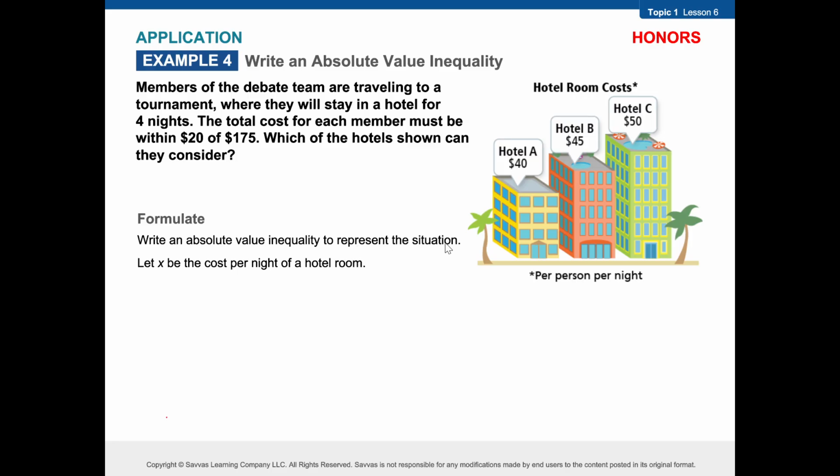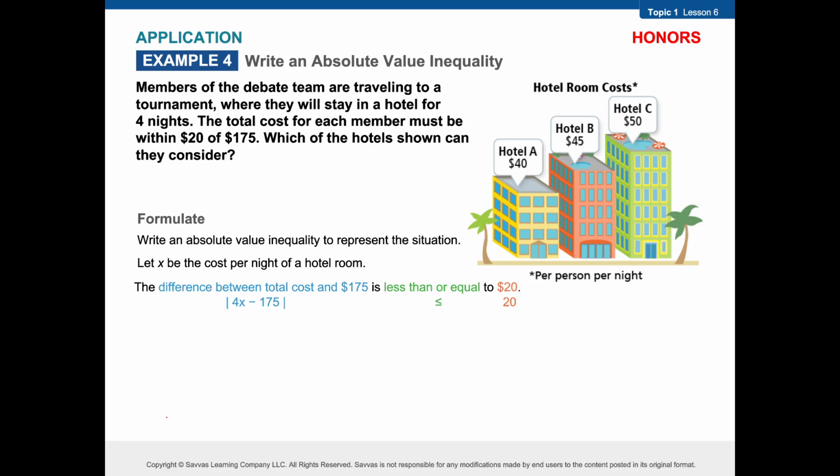Write an absolute value inequality to represent the situation. Let x be the cost per night of a hotel room. So 4 nights at the cost, so that would be 4x, then minus 175. Whether you're doing an absolute value equation or an absolute value inequality, it always has to have a minus sign inside the absolute value, because this is a number that you're going to be adding to the other side, and it has to be bigger than the number that it equals to or the other side of the inequality.